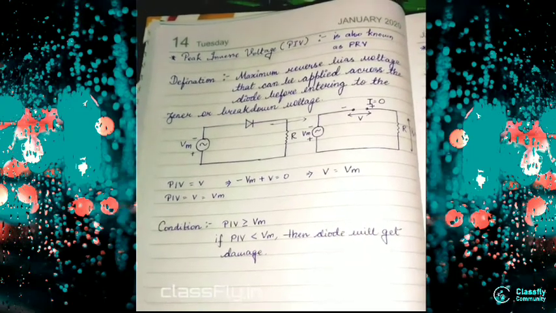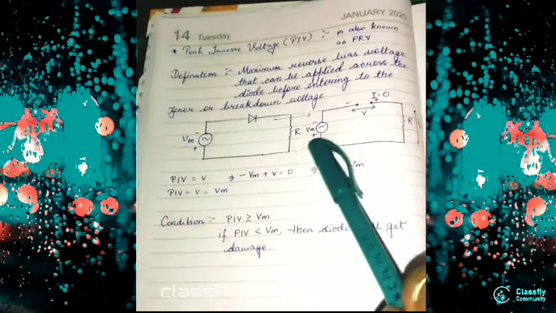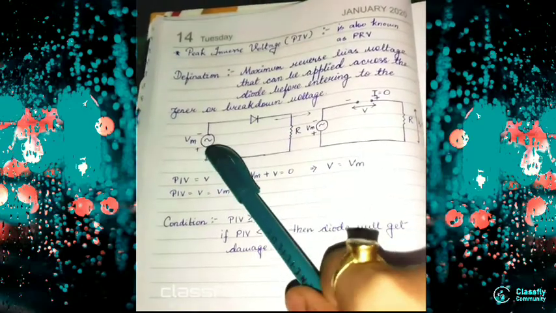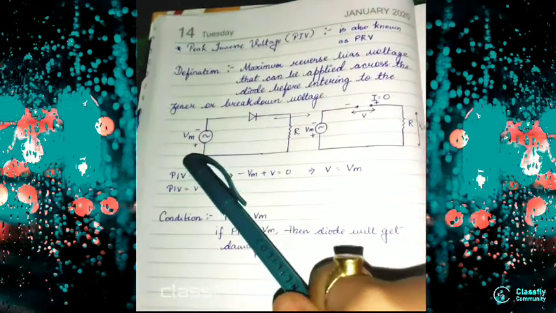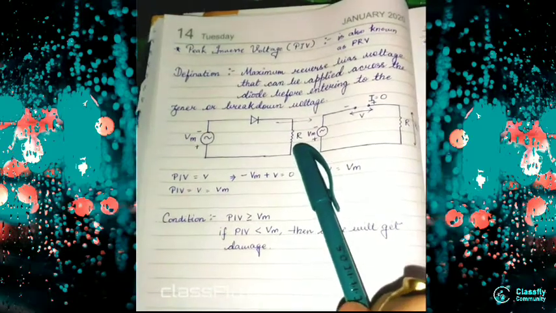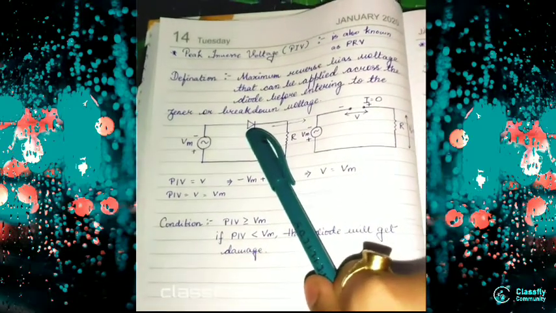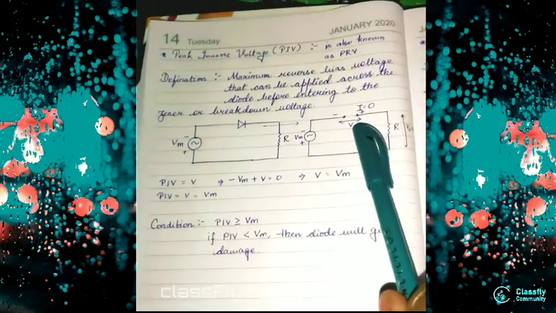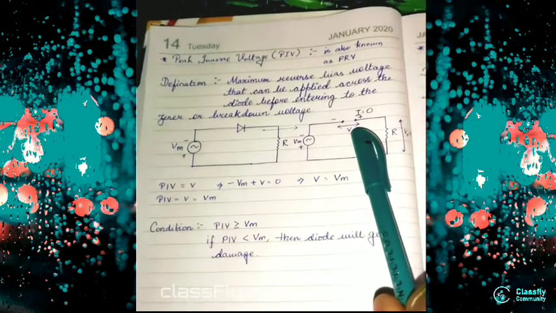Here we made the circuit with a diode, a voltage denoted as Vm, and a resistor. But we will change this diode to an open circuit. This is the equivalent circuit.